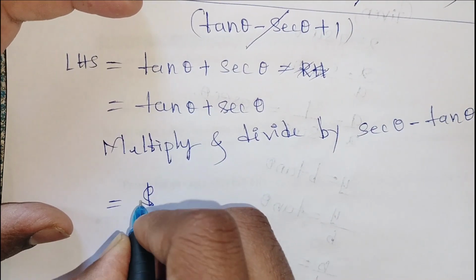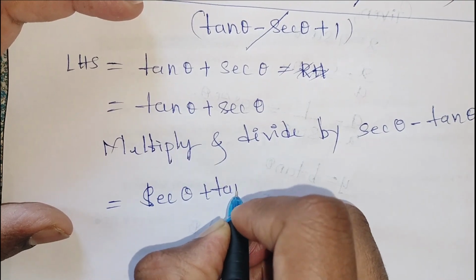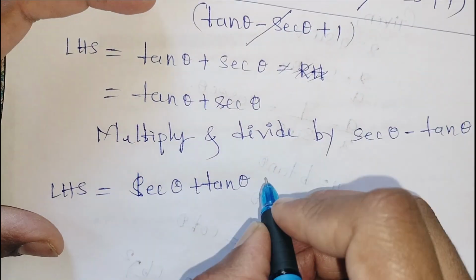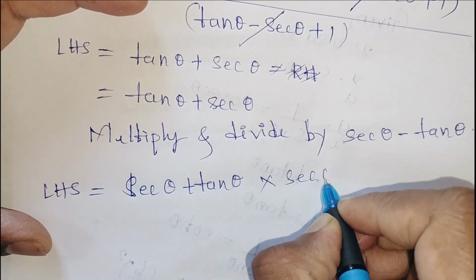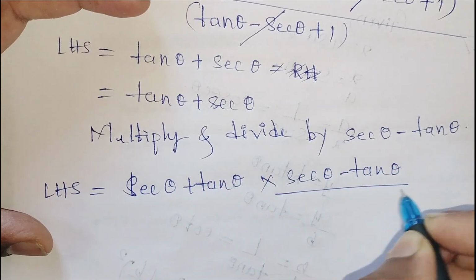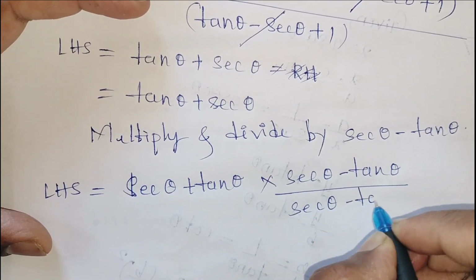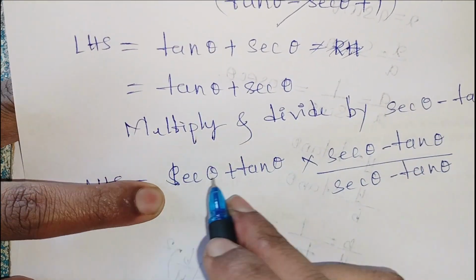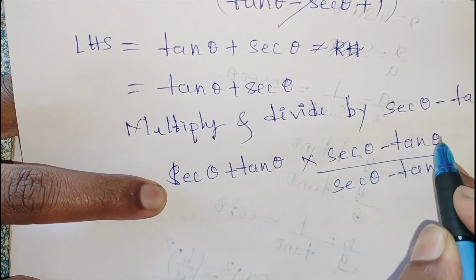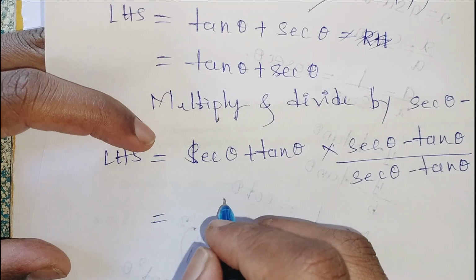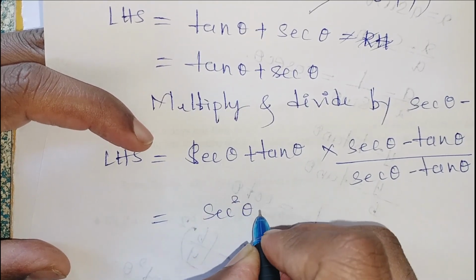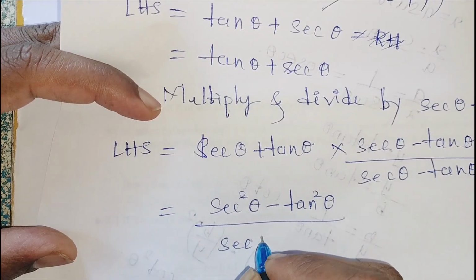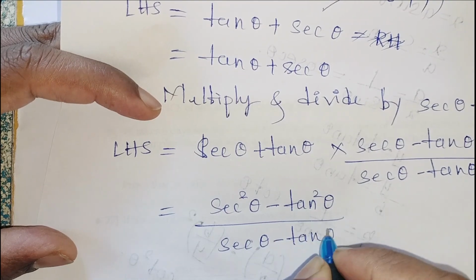so we have sec theta plus tan theta, we can write LHS as sec theta plus tan theta. We are multiplying this by sec theta minus tan theta and dividing by the same sec theta minus tan theta, and here observe that in the numerator we have sec theta plus tan theta into sec theta minus tan theta, that becomes secant square theta minus tan square theta, over secant theta minus tan theta.